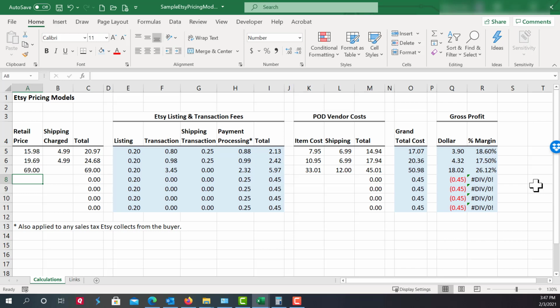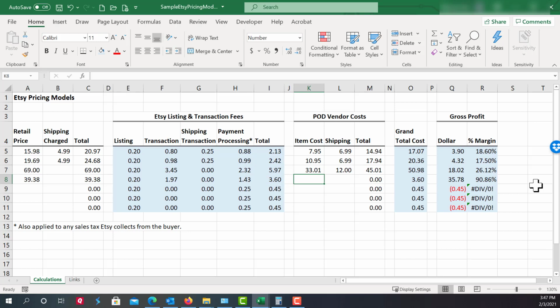So let's use our example, like for our first item, our $15.98 item. I'm actually going to do the multiplication and say, okay, somebody's going to buy... no, actually, that wouldn't add up. We'll do the 19.69, so we'll do 19.69 times 2. So it's $39.38. We're not going to charge any shipping because we're trying to figure out, is it worth offering free shipping in this case.